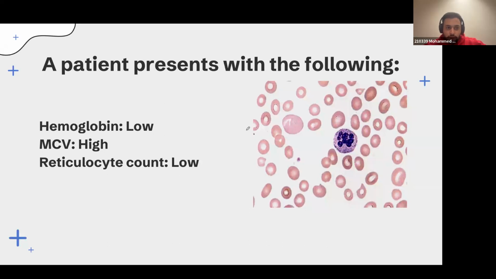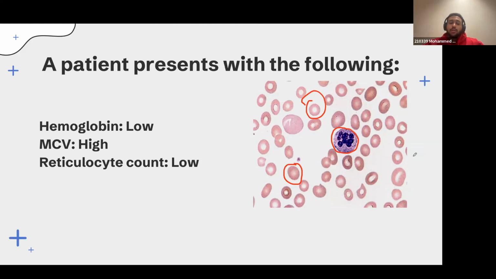Now, can you describe for me, and someone already said it, but what do we classify this blood cell or anemia as? It's macrocytic. Now, can you tell me what this cell is? This cell is a hypersegmented neutrophil.